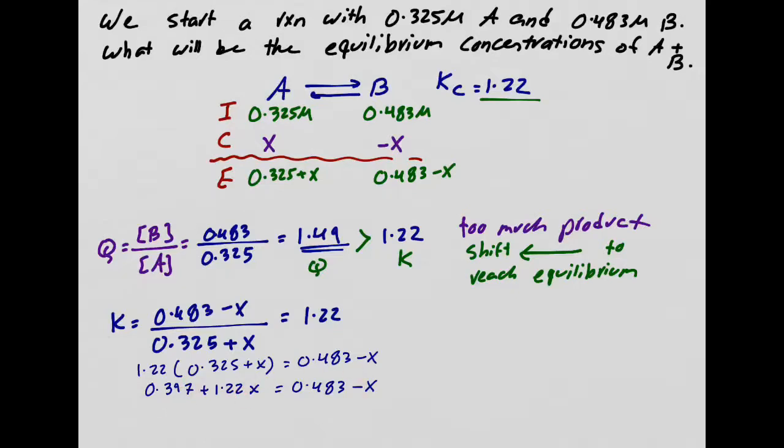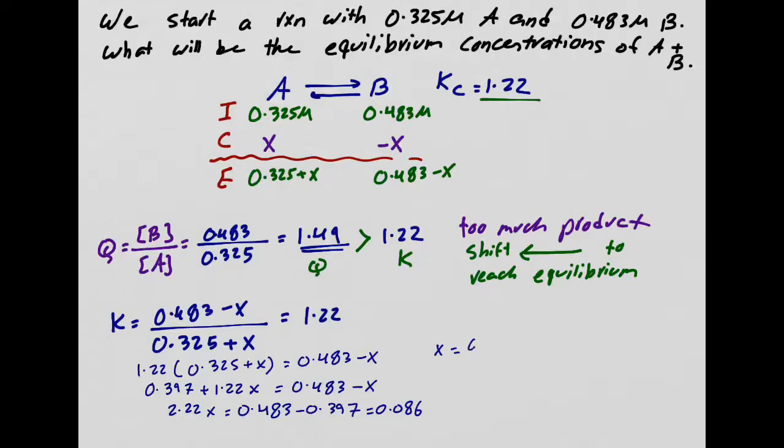And this 0.397, I'm going to move it to the other side. So I end up getting 2.22x equal 0.483 minus 0.397. Alright, if I clean it up, x is going to equal 0.086 when I subtract those two together.